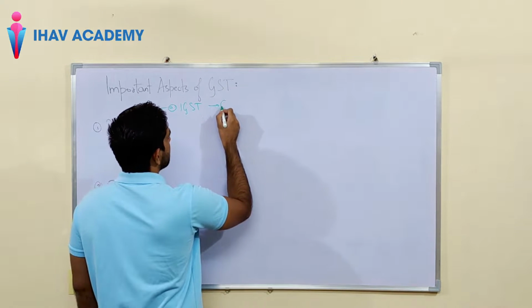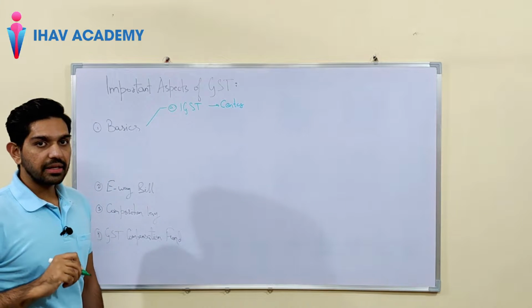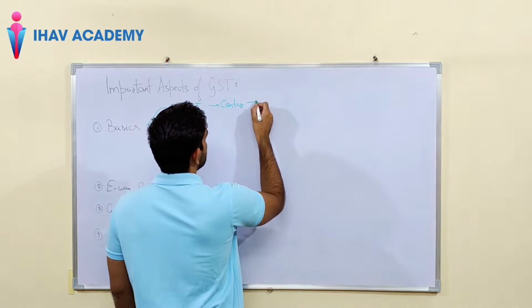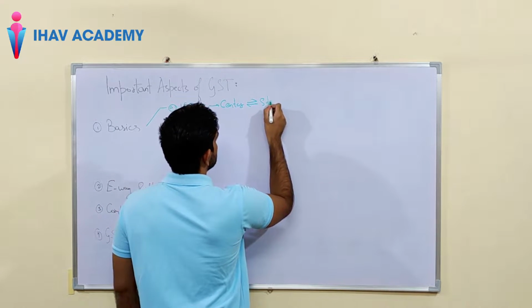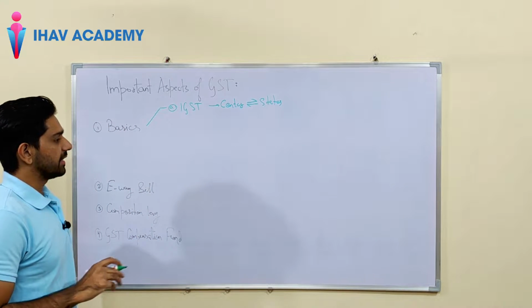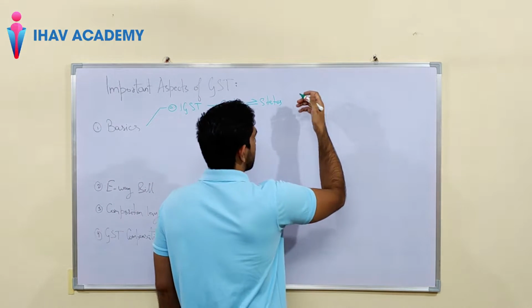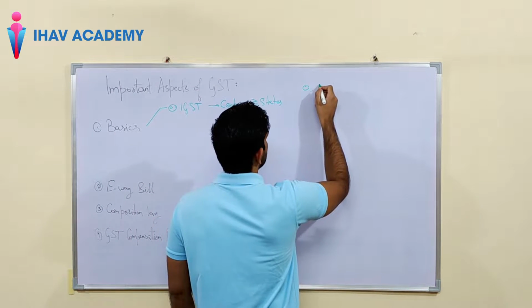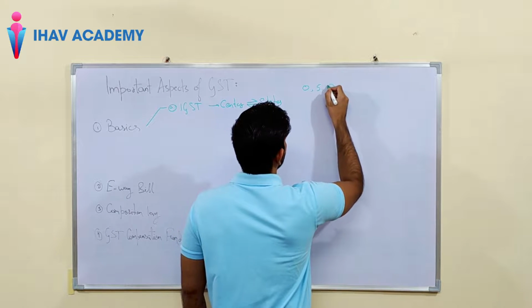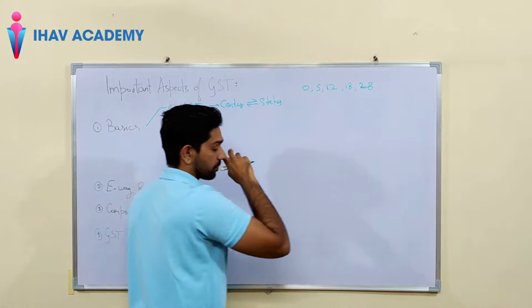This will be collected by the center and then it is equally distributed between center and states. Understood? In the previous class I have told you about the slabs of GST like 0, 5, 12, 18, 28.